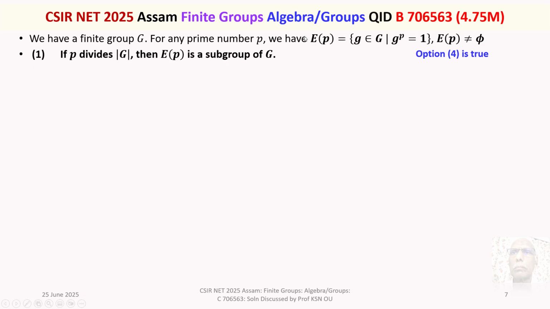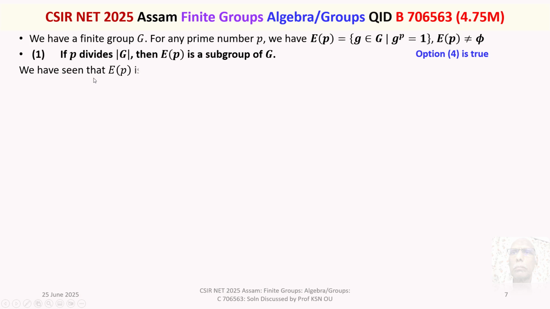Look at groups of order 2, 3, 4, 5, they are all abelian. The first non-abelian group is S3 whose order is 6.